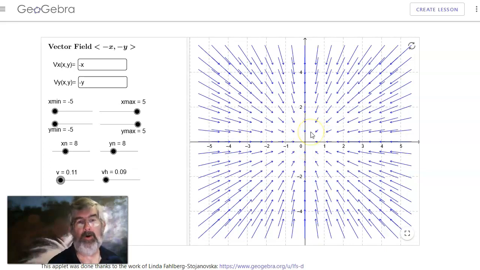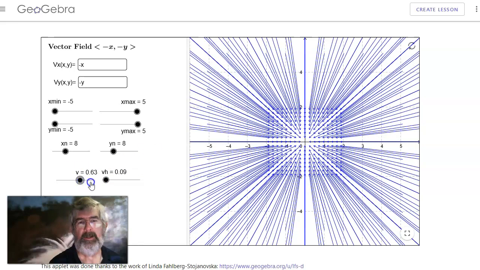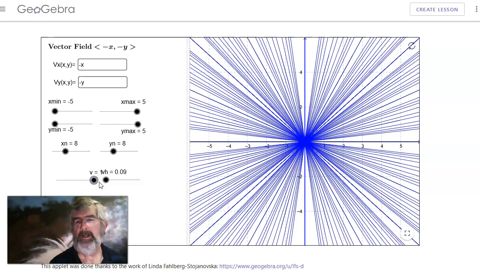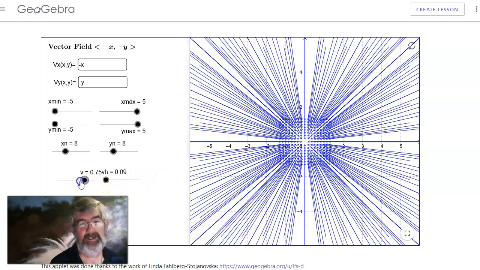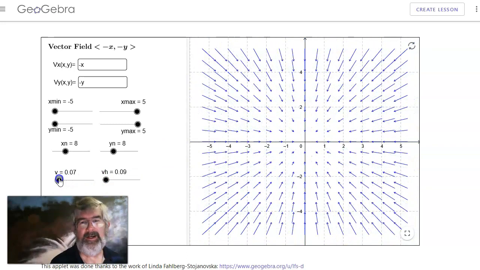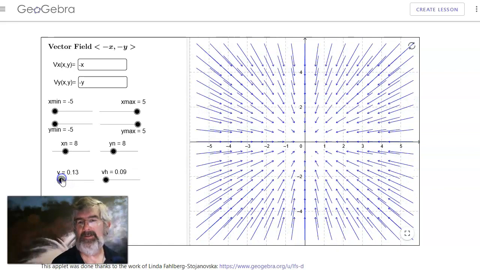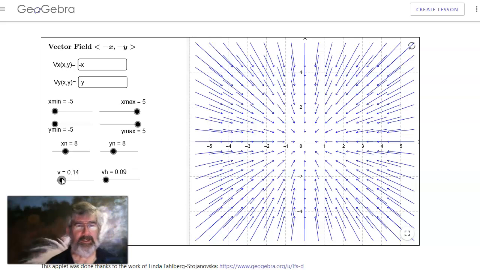Now, again, I have it drawn not to scale, because if this was drawn to scale, I put this v up to 1 here, every point would be just long enough to get right exactly back to the origin, and it becomes not as helpful to see what it looks like. So we scale everything down here to draw a little bit smaller vectors at each point. But you still get the sense that the vectors are bigger further away here and shorter closer down in to the origin. But they're all pointed towards the origin.